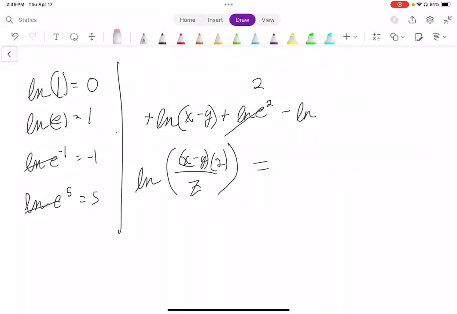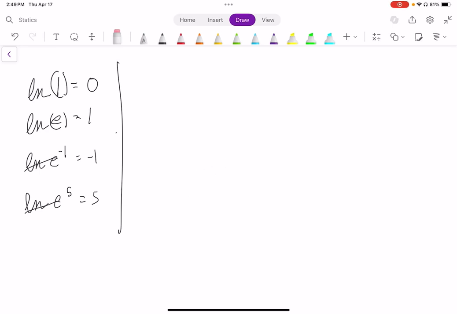The last example I want to look at is another expression in which we are expected to expand the natural log. So consider the expression natural log of the cube root of x plus y over z to the 4th.